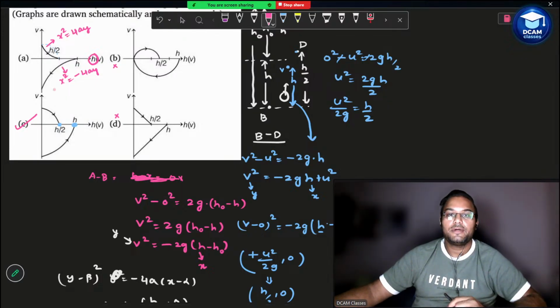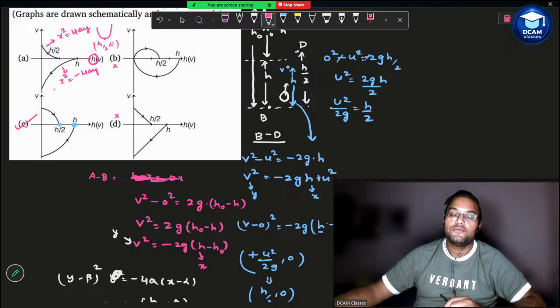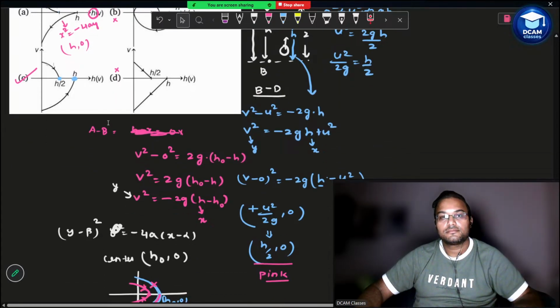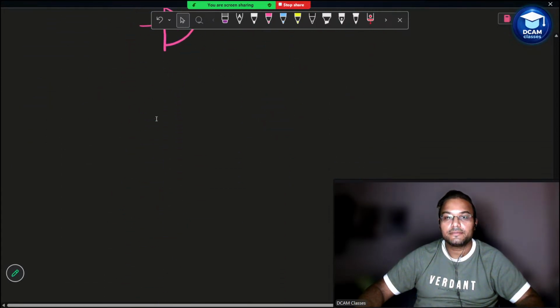Because x square is equal to 4ay is opening upwards with vertex at h by 2, 0. And for the downward one it would be x square is equal to minus 4ay with vertex at h, 0. Okay, like that.